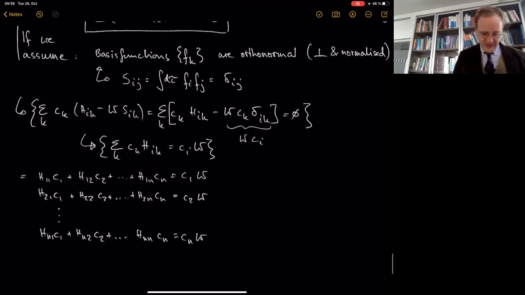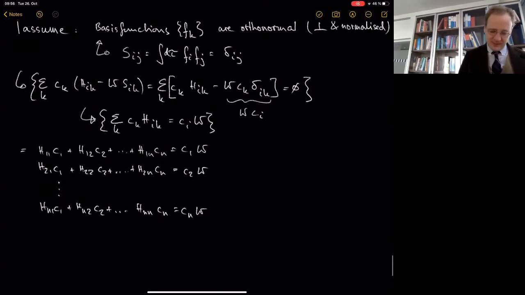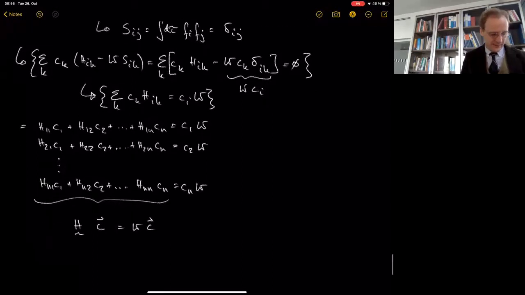Okay, now we can factor out again the vectors. And then you see that this is your H matrix times a C vector, and this must be equal to your ω times a C vector.